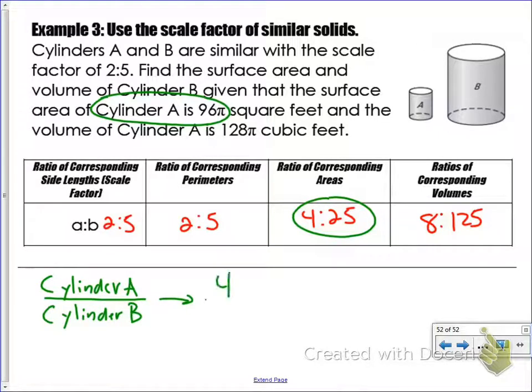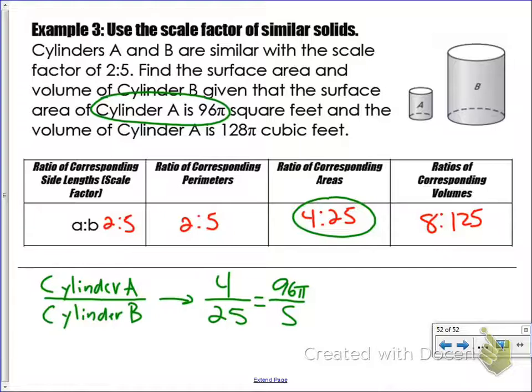So we're going to set up a proportion. So 4 over 25 is going to equal, and again, it's going to be cylinder A to cylinder B. Well, we already know that 96 pi is the surface area of cylinder A. We don't know the surface area of cylinder B, so we'll call that S for surface area.